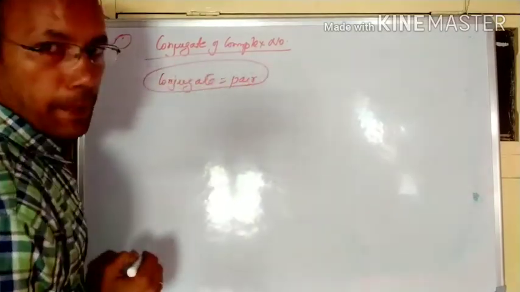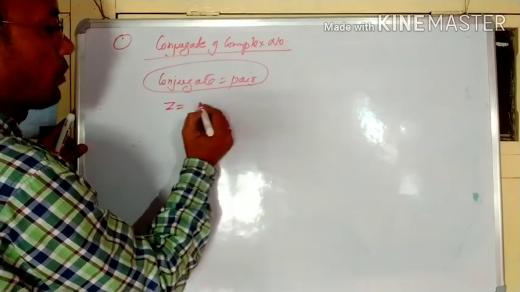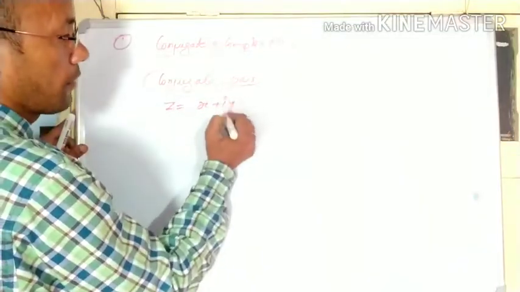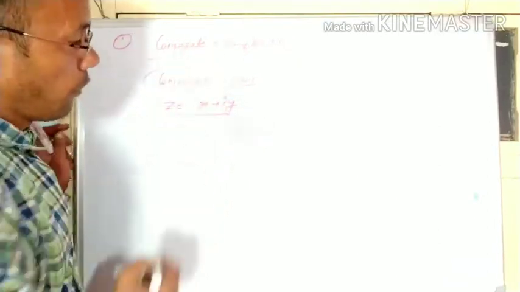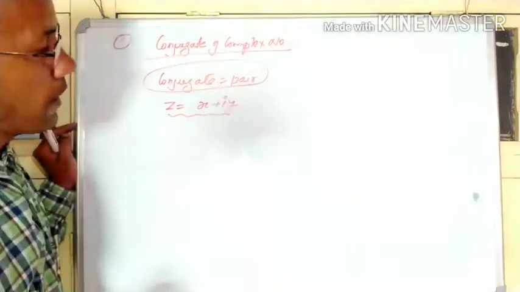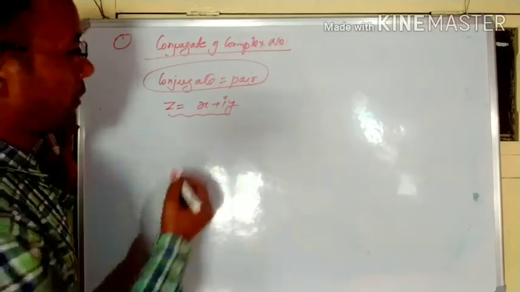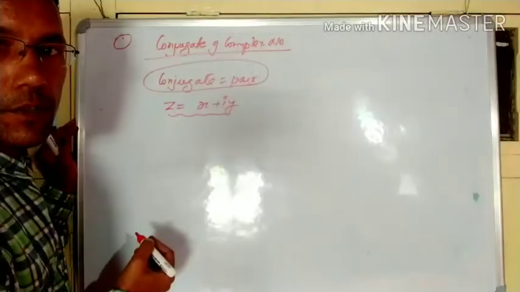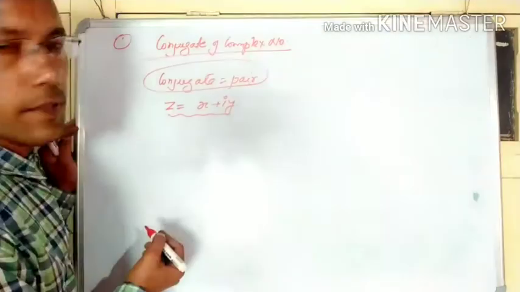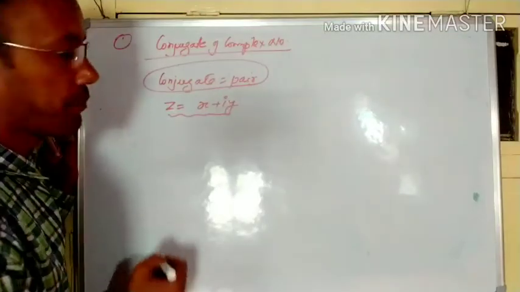If we have a complex number z equal to x plus iota y, what is the conjugate of this complex number? Here iota plays a major role. x is the real part and y is the imaginary part, and x and y are both real numbers.